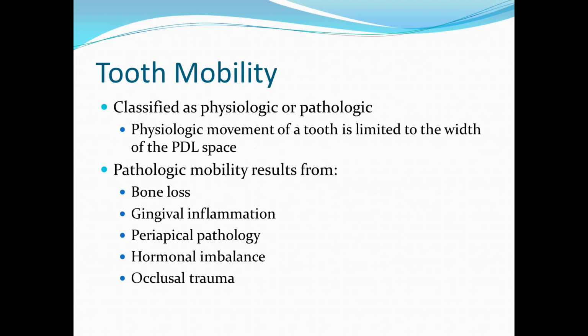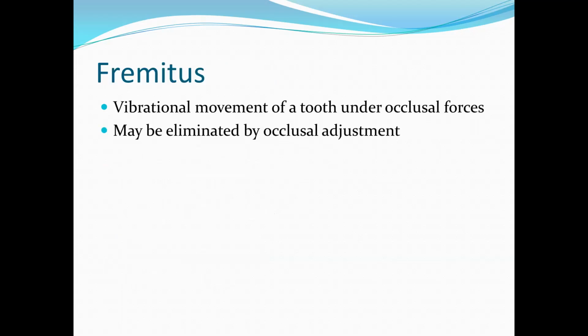Tooth mobility, physiologic or pathologic. What's the difference? Physiologic tooth mobility is a tooth that has a normal periodontium, versus undue or heavy bite associated with it; pathologic mobility doesn't have a sound periodontium. So even normal occlusion will make the tooth more mobile. Fremitus we're looking at with our index finger, the patient tapping on the front teeth.